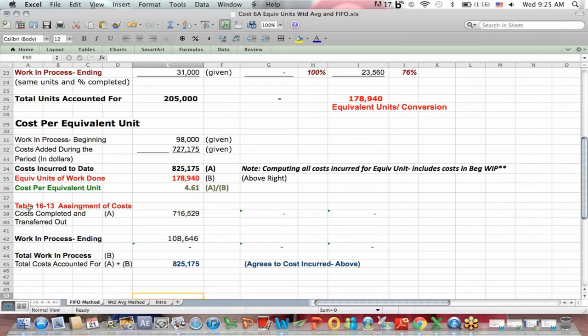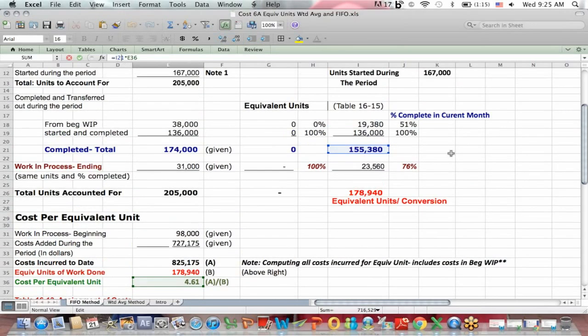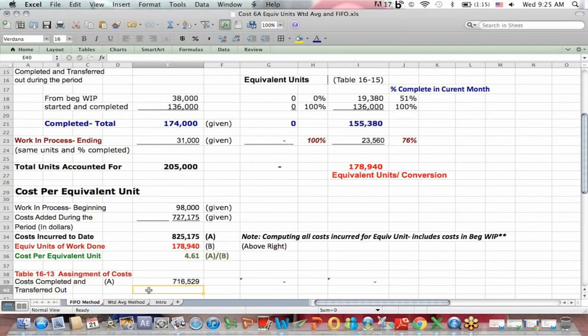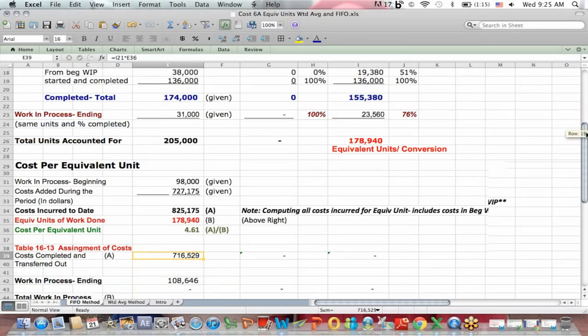Now I can wrap up here by checking my work. That's what we mean by assignment of costs, because if I take, for units transferred out, the 461 times the equivalent units that were completed and transferred out in blue, I get the 716 total.